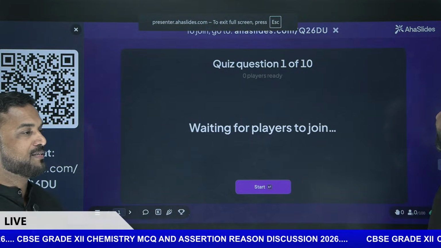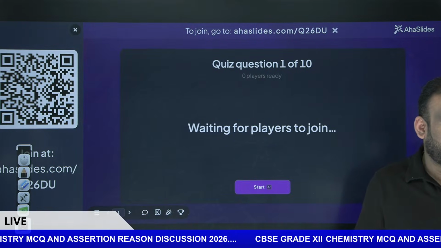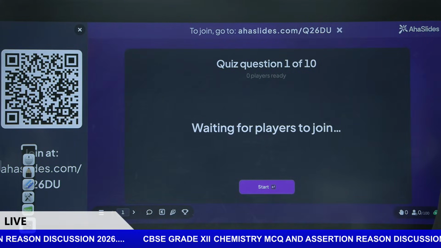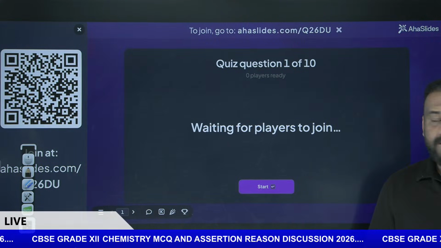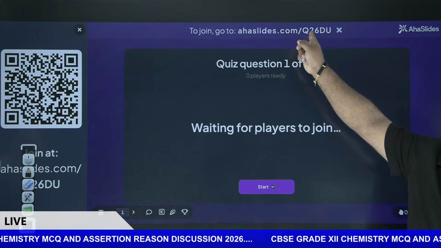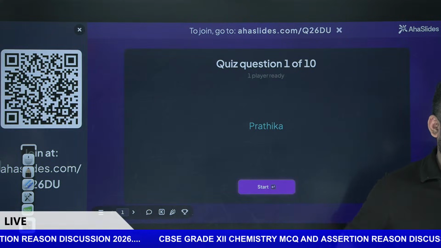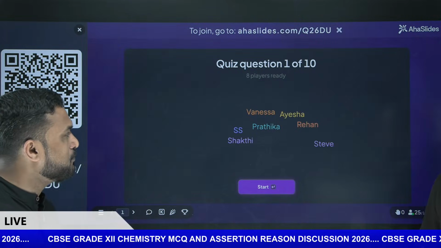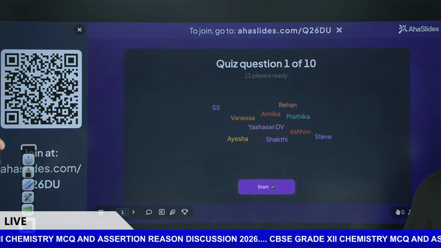Now you can scan the QR in your device. Yes, you can join now. Those who are not able to scan, please go to this link. Yes, now people are coming. Okay, good, all of you please join. Hurry up, join fast.